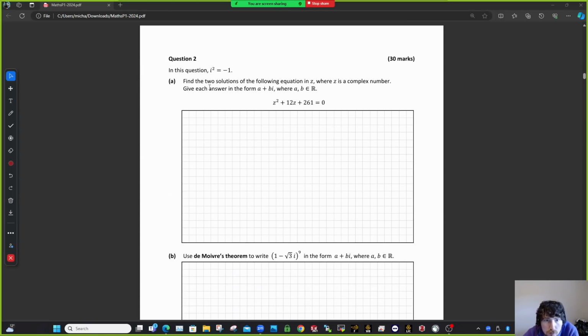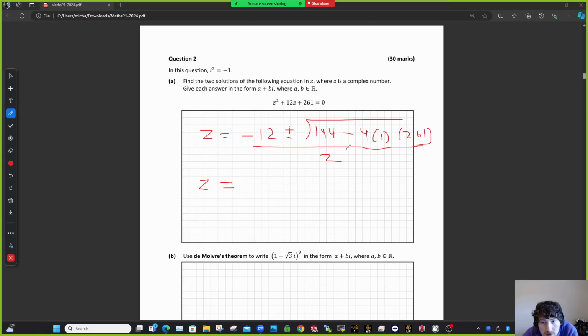Okay, question 2. A very handy question to start off. You literally just use the minus b formula on this. So z equals minus 12 plus and minus the square root of 12 squared, which is 144, minus 4 bracket 1 bracket 261, all divided by 2. Now, that'll give you an error if you type it into your calculator because this is negative.